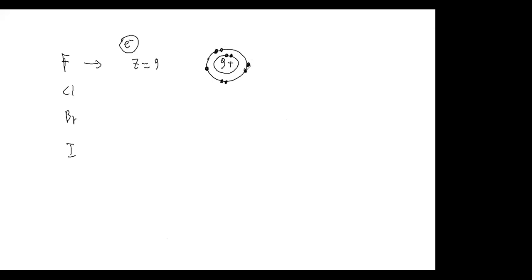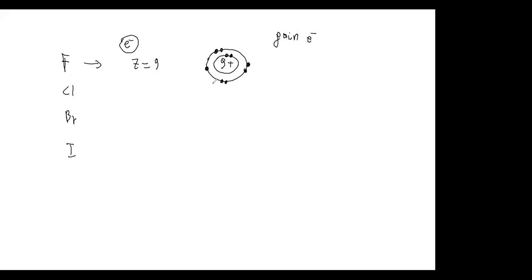So if we need to complete the outer shell, yes, they take electrons. In chemistry, we are going to use the word gain. So they gain electrons to complete the outer shell.